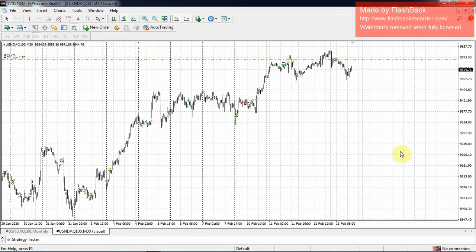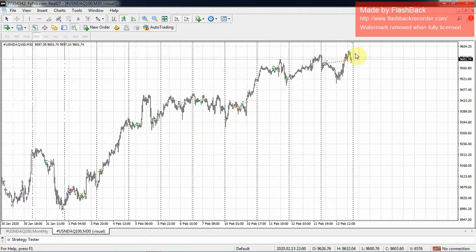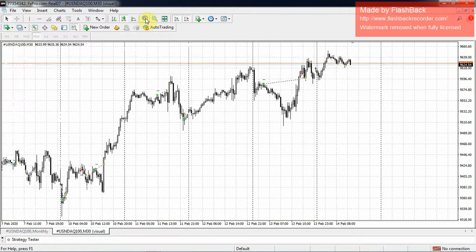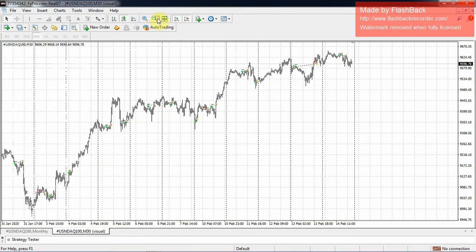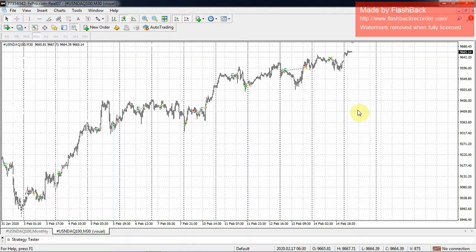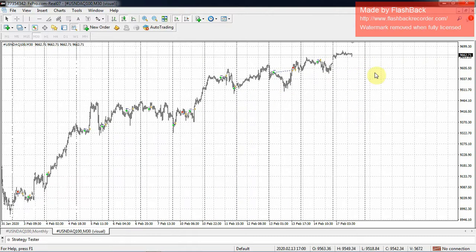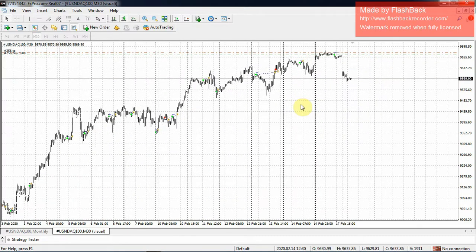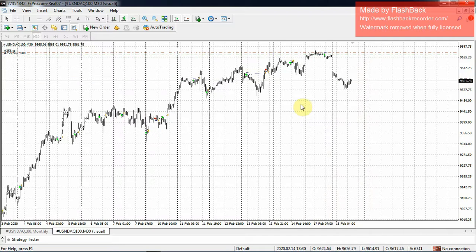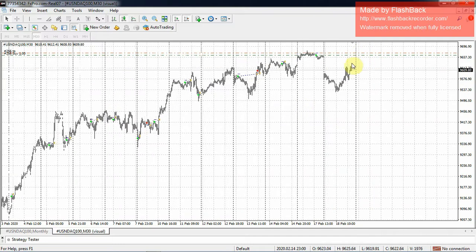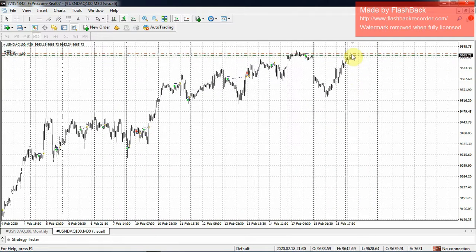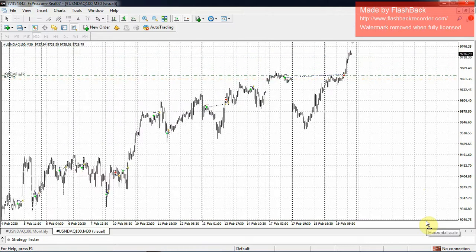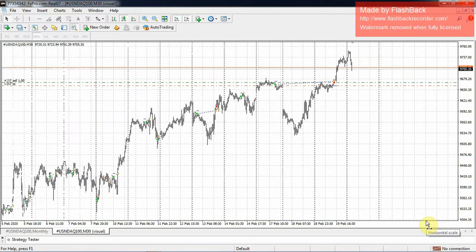As you see, the market will crash, but the robot will still manage to take profits. As you can see, we are at 17th February now. When the market crashes, the robot would have still survived that crash.